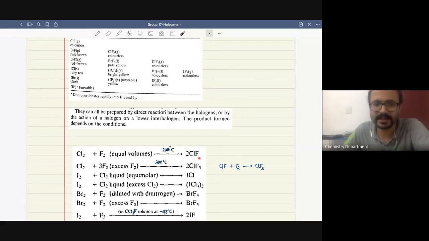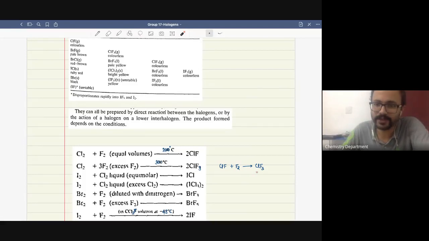Similarly, to form chlorine trifluoride, when you react chlorine with fluorine at 300 degrees centigrade, you take an excess volume of F2, so you get the trifluoride.